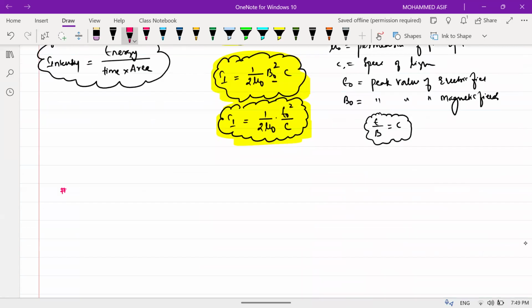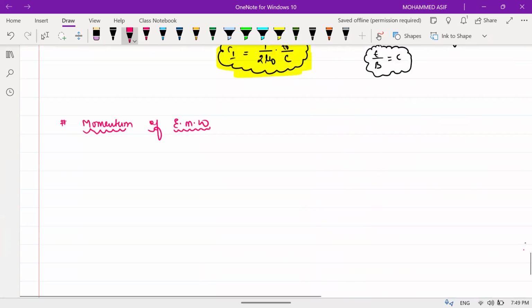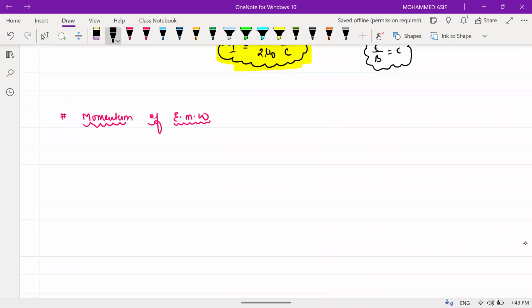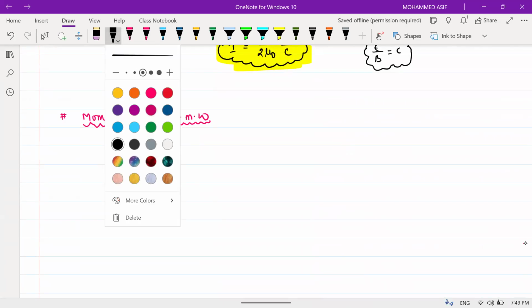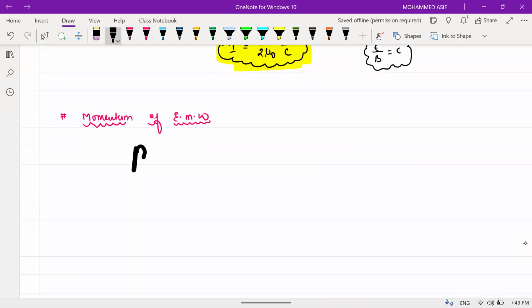That is momentum of electromagnetic waves. So what is the momentum formula, beta? I already told you. I'll write a little bit. Momentum is represented by P. Momentum is equal to energy divided by C, speed of light.